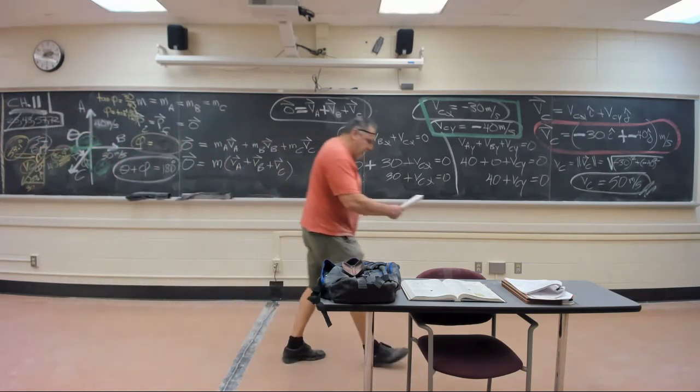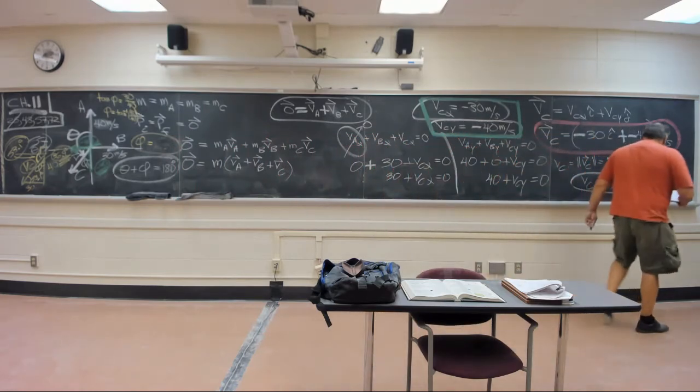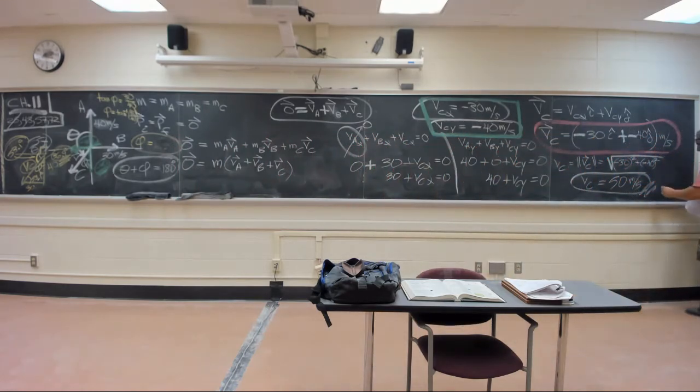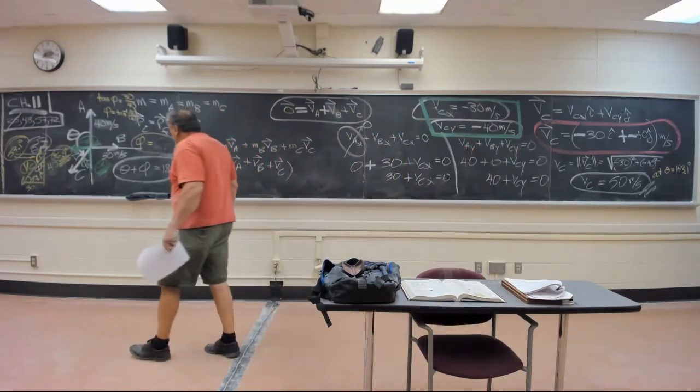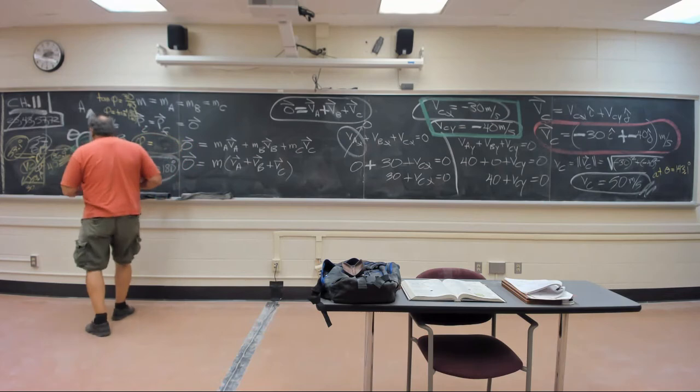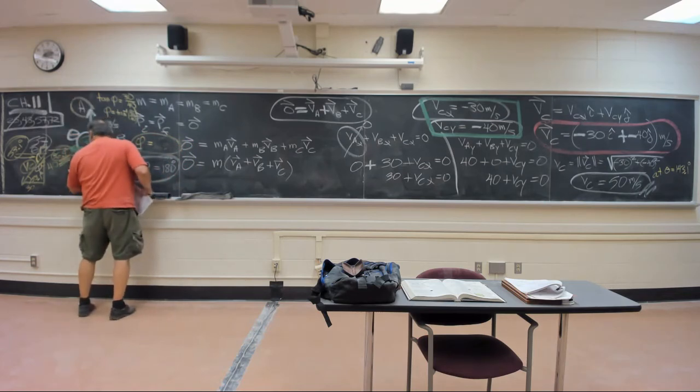So if you're talking about theta, it's 53.1 plus 90, which is 143.1 degrees between C and A. The angle between C and A is all this.